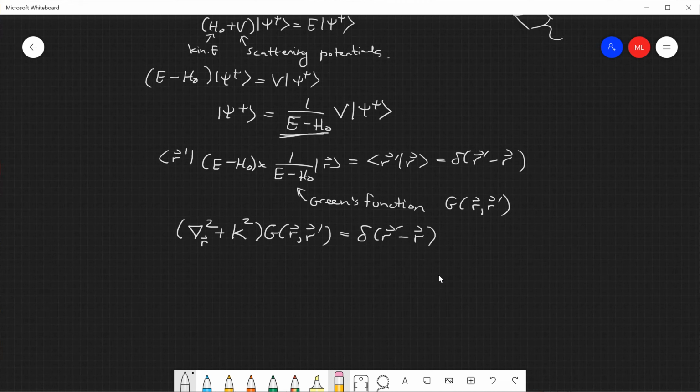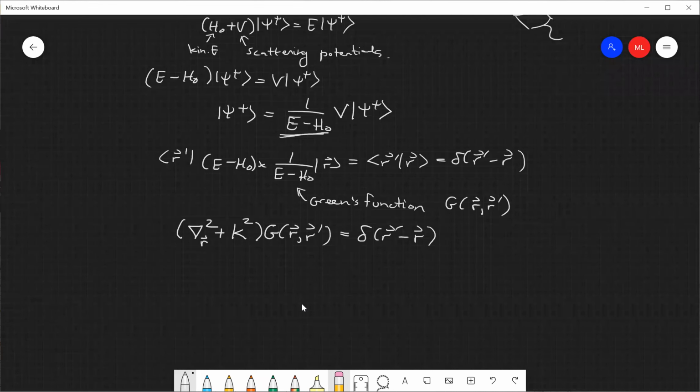That's the equation that this supposed inverse operator satisfies. It's supposed to be the inverse of Laplacian plus k squared, which is just this operator multiplied through by 2m over h bar squared. This is a differential equation that you could in principle solve.